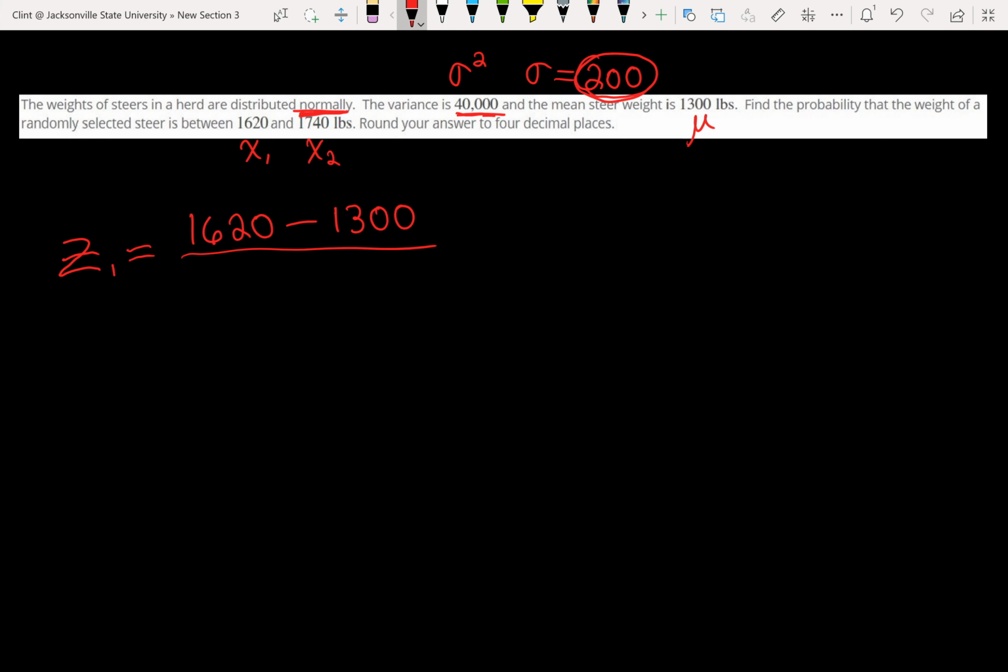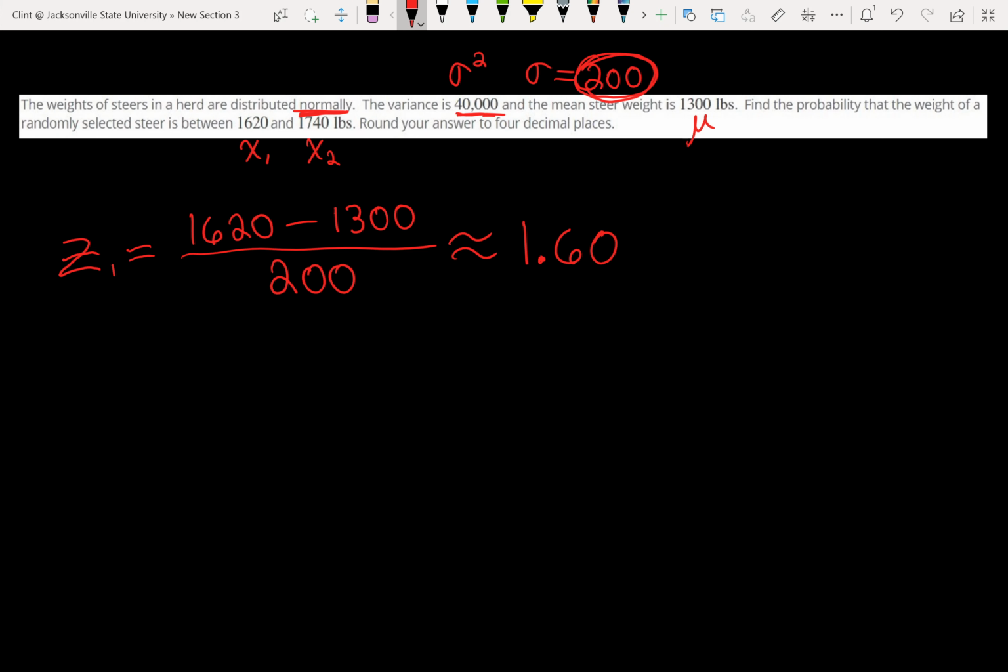Remember, that's this one where we had to take the square root, so divided by 200. So 1620 minus 1,300 gives us 320 divided by 200. We get 1.6. Since we're going two decimal places, we'll call it 1.60.